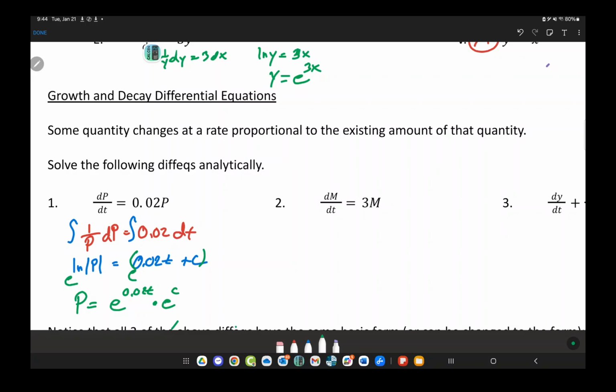What happens if I combine those bases? I would add the exponents, so you can separate it with multiplication.